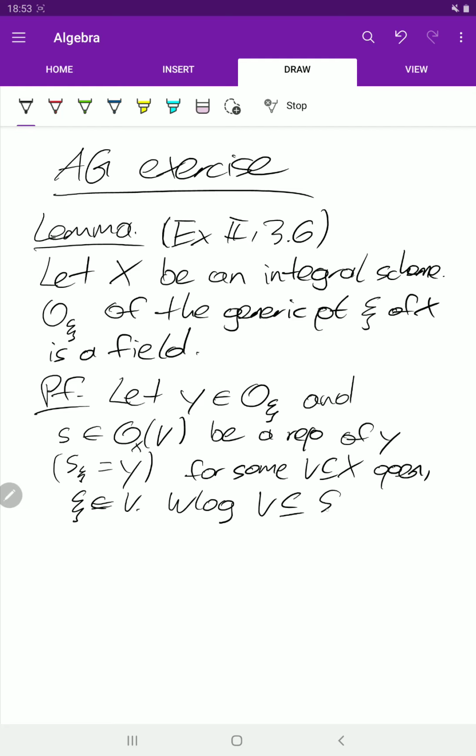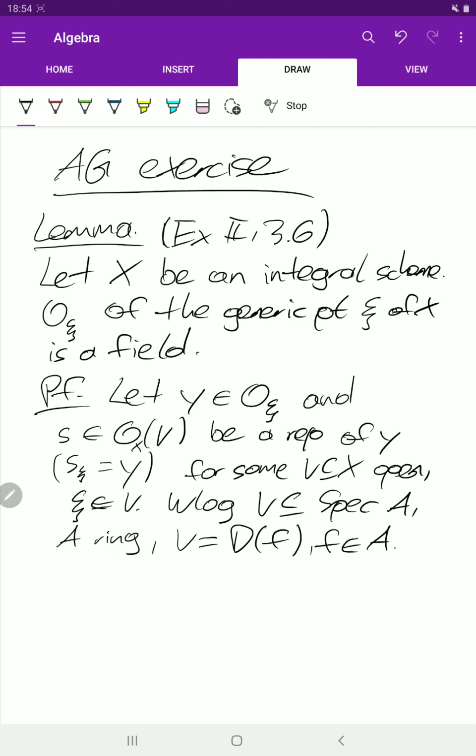At first we say it's a subset of some Spec A, where A is just some ring, and furthermore we assume that V is one of these basic open sets, of the form D(f) for some f in the ring.